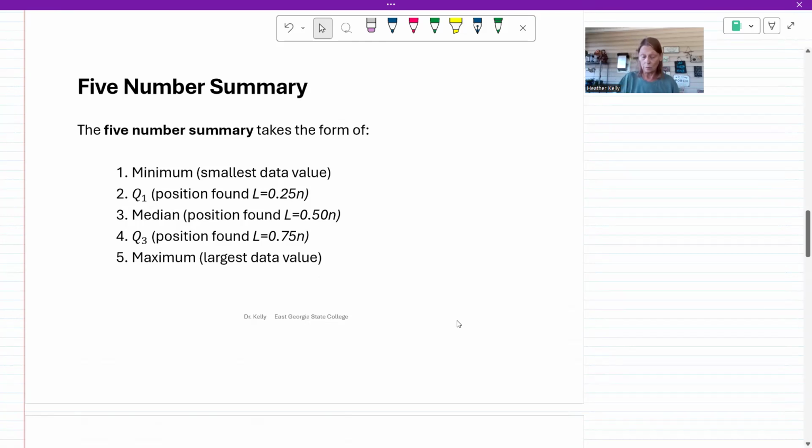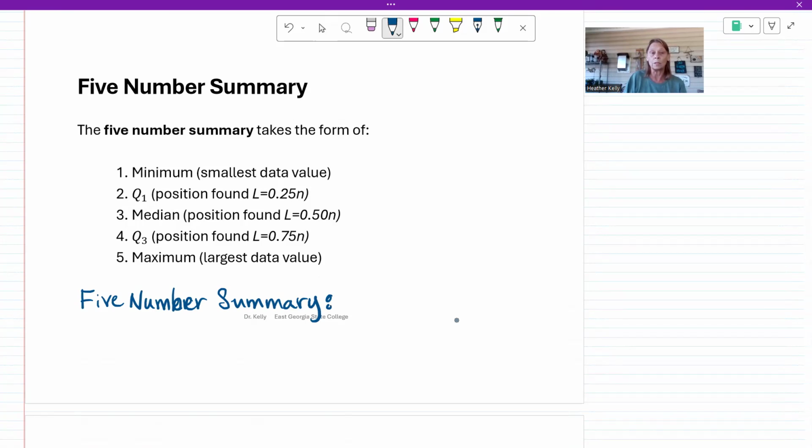Okay. And many times, people give you the 5-number summary not written up and down like that, but in a horizontal list, where the first number is the min, then you have Q1, then the median, then Q3, and then the max.